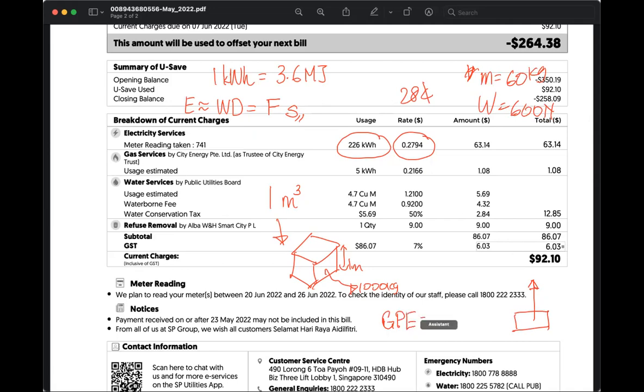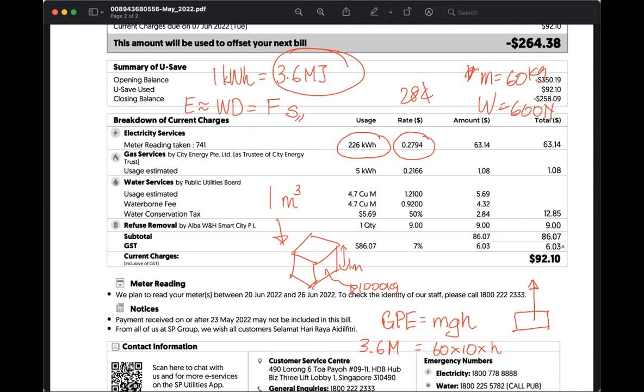Gravitational potential energy is mass times g times h. So this 3.6 megajoule can lift you up how much? Let's say your mass is 60 kg, g is 10, and I have an h.